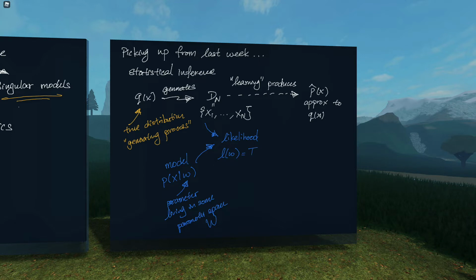It tells us, for each parameter, what is the likelihood of observing the data we observe.